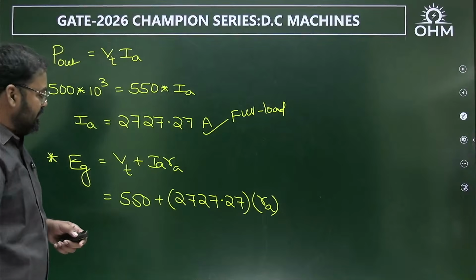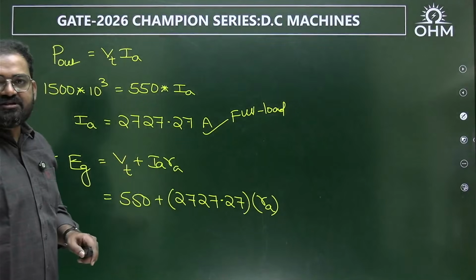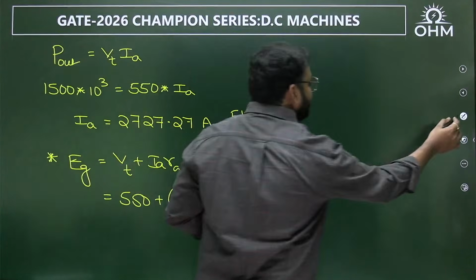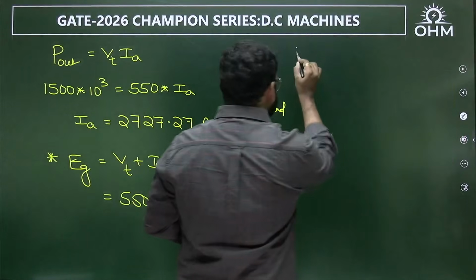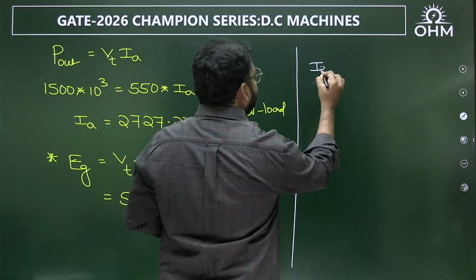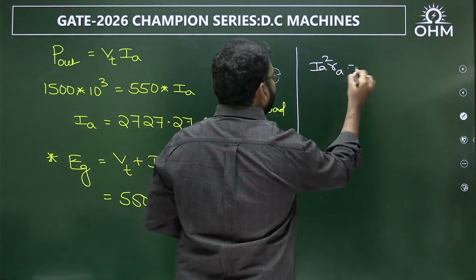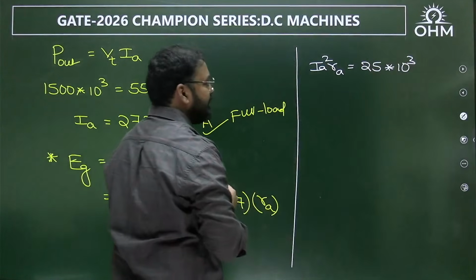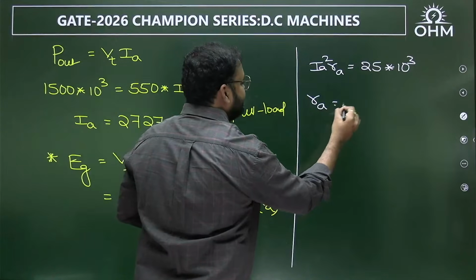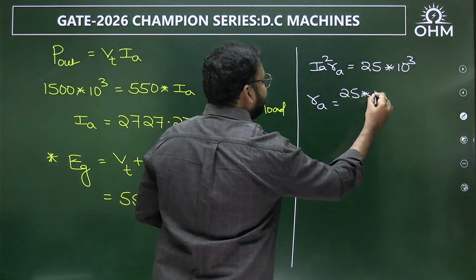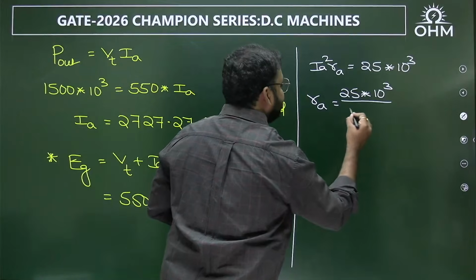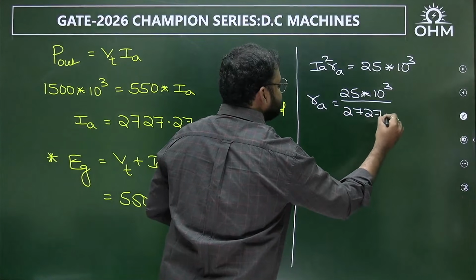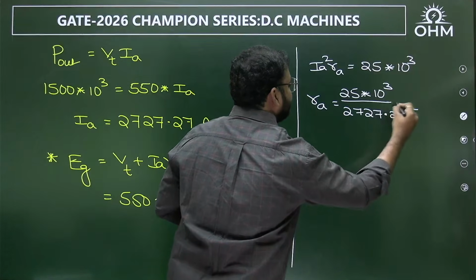As copper loss was given, from that I will find the armature resistance. What is the formula for copper loss? Ia square into Ra. This was given as 25 kilowatt. You can find the Ra value now. That is 25 kilowatt divided by 2727.27 square.